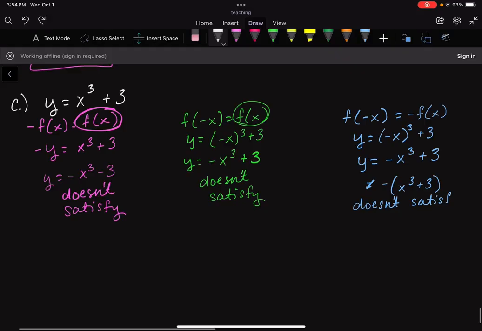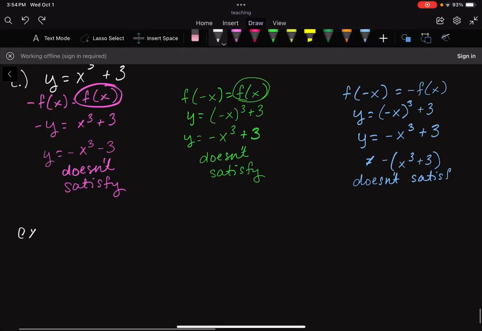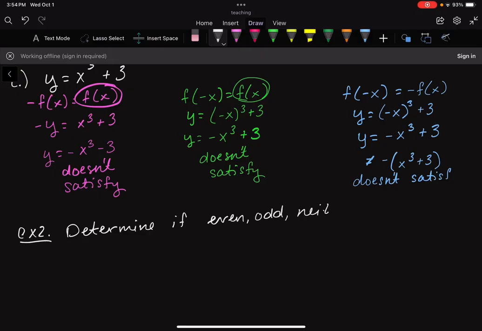Let's do another example. And this one I'm only going to worry about if it's even or odd or neither. So determine if it's even, odd, or neither.